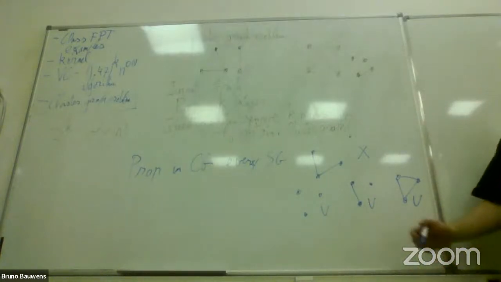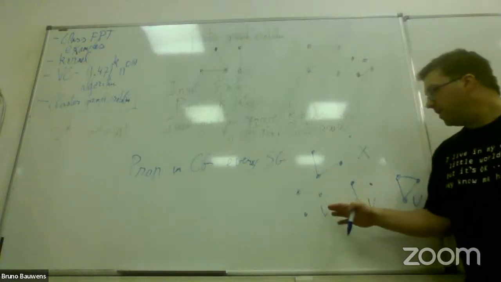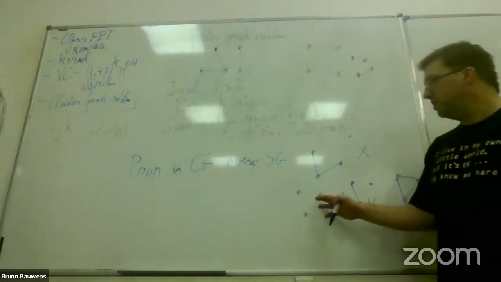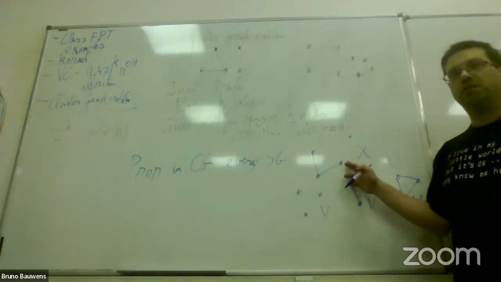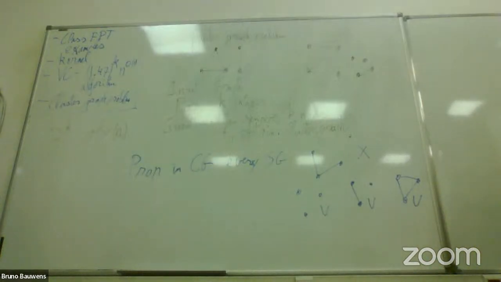So how do we prove that? If our graph is a cluster graph, then for every 3 points we have such a structure. And if our graph is not a cluster graph, we must find such a structure. So how can we prove this? Yeah, that's the dangerous part.